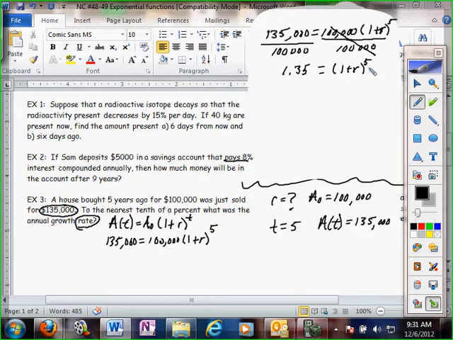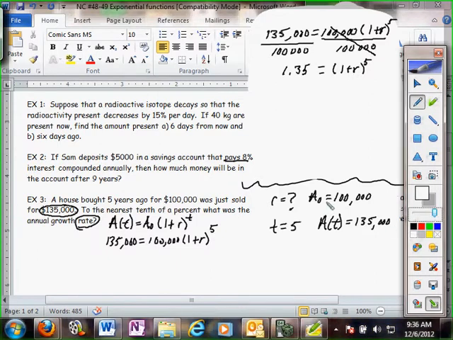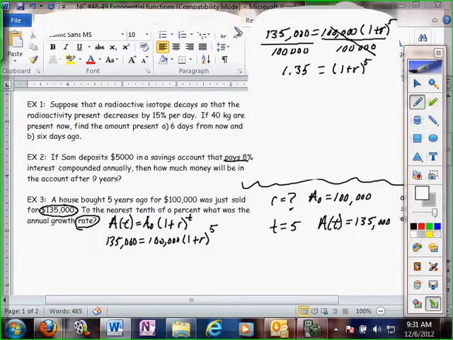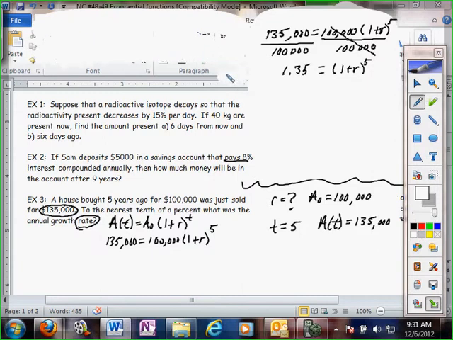So if I have something being raised to the power of 5, that means that I need to take the fifth root of each side to be able to get this power of 5 to go away. Now, quick review from yesterday. You got to mind your P's and Q's.